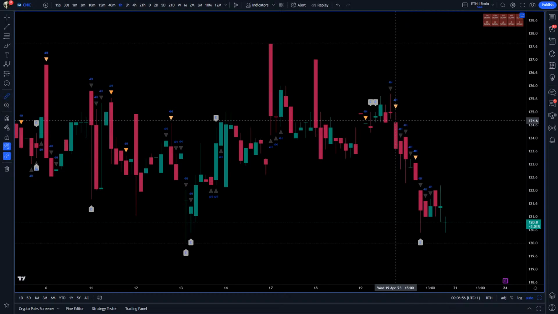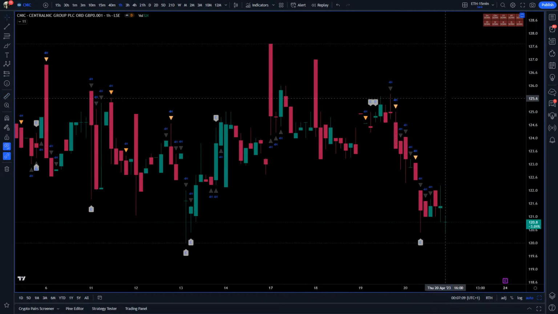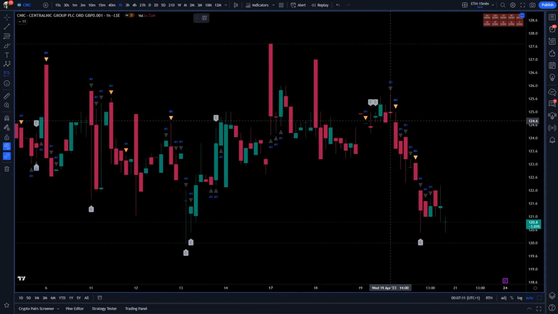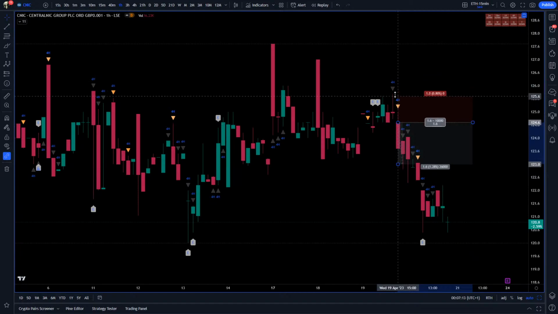Right? So for example, in this case, when the signal appears and we wait until this candle closes, we enter our trade, or when this signal appears right here, then we enter our trade right here with our stop loss set at the previous high.